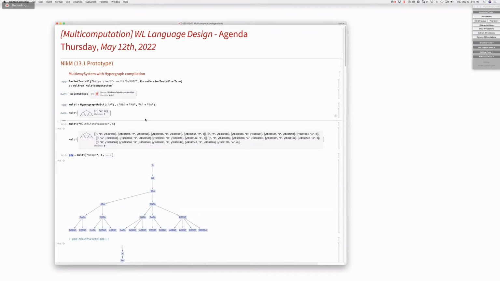Yes. Okay, so let's take a look at what you've got here. So what are you actually doing here? I see. What you're doing here is your compiler. Your core data structure is now a hypergraph, and so the string here is being compiled into a hypergraph element. Yeah.